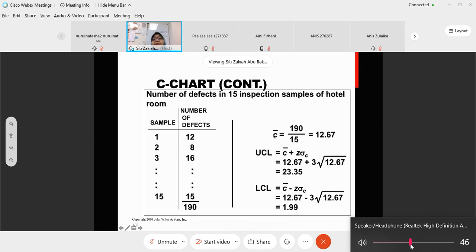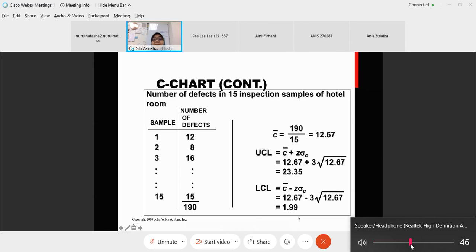The C bar formula is the total number of defects over the total number of samples, so you get 12.67. Then put it into the formula C bar plus Z sigma C. You will get 23.35 for the upper control limit, and the lower control limit is 1.99.